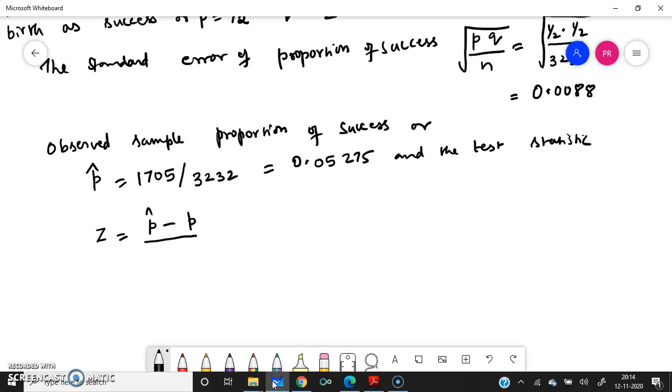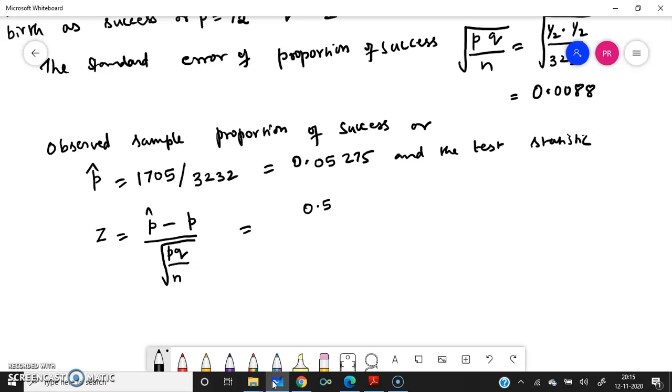Using both, we are taking the Z statistic, that is the sample proportion of success minus P, that is given in the question, that is half, right? 50% girl and 50% boy, that is we have taken half, right?